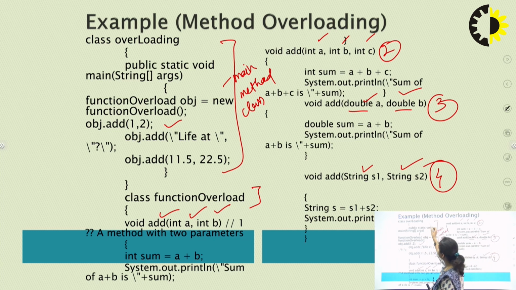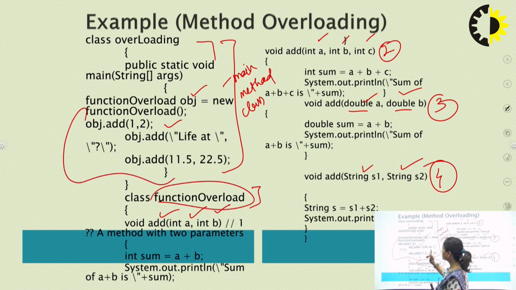So here is our main method class. Here we are creating an object obj of this class function overload, and we are generating calls. One is object.add with values 1 and 2, and another is object.add with 11.5 and 2.5.